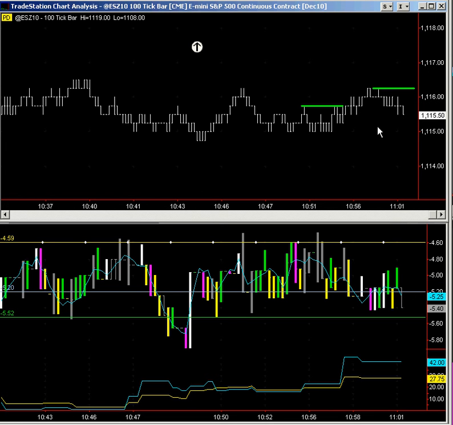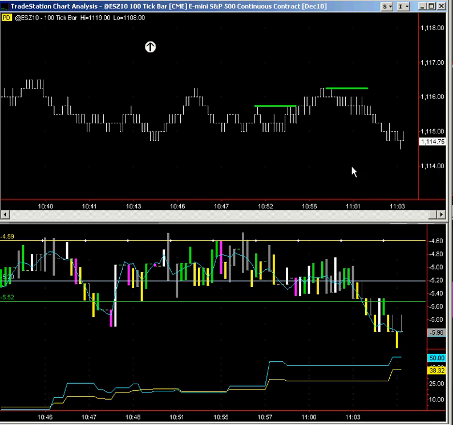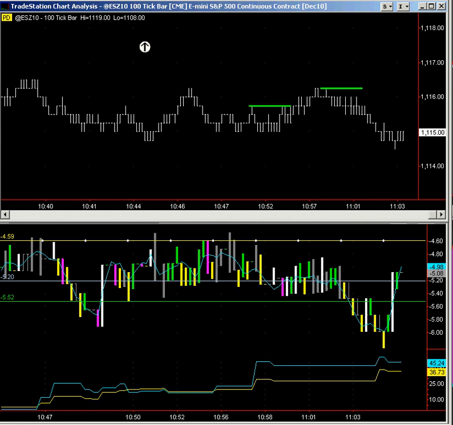But we don't know that. This thing could just pop right back up before it continues to move down. And it's going lower. We're going lower than that bar.